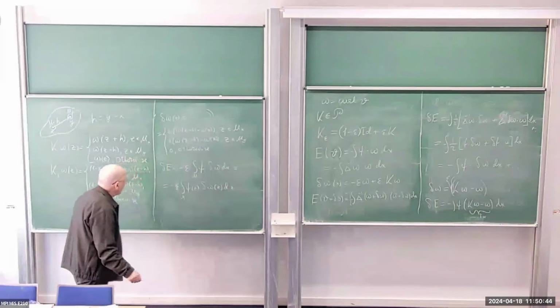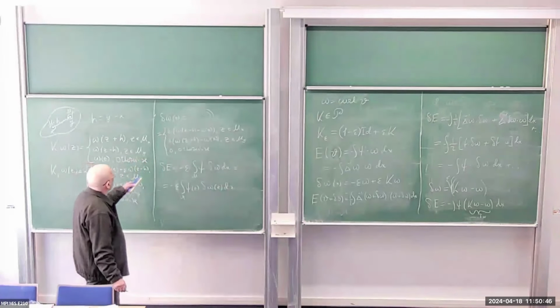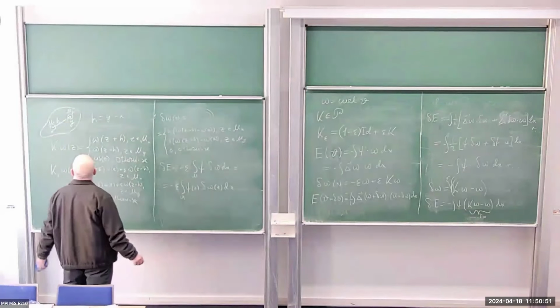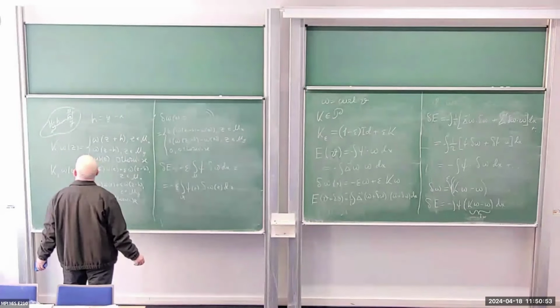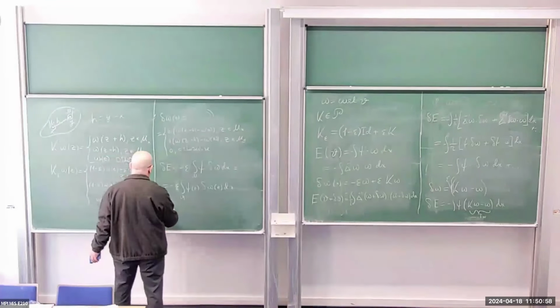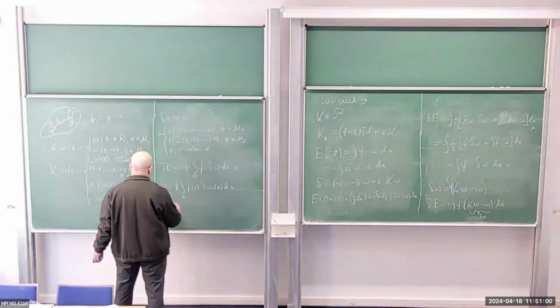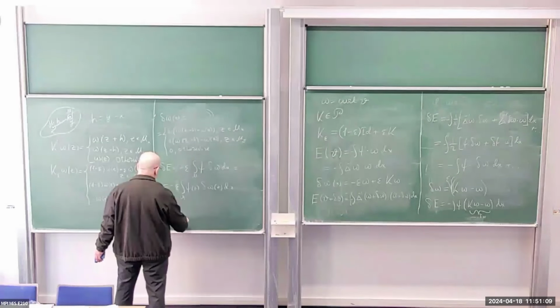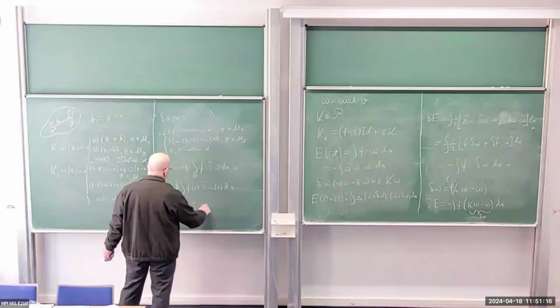Now delta omega is 0 outside of these two small disks. So it equals the integral over Mx plus My of the same phi of z delta omega of z dz.